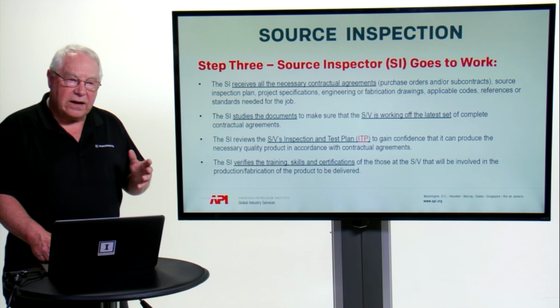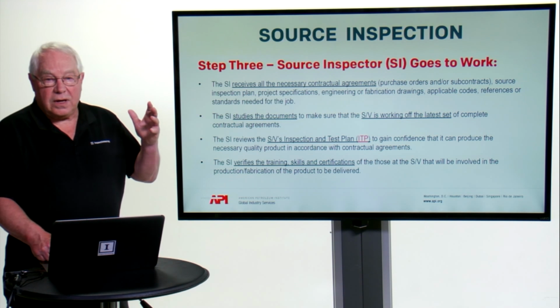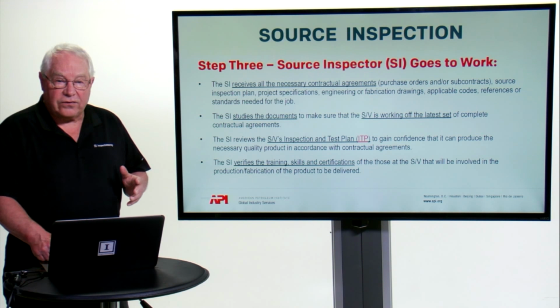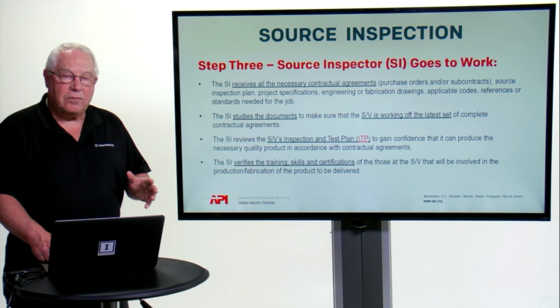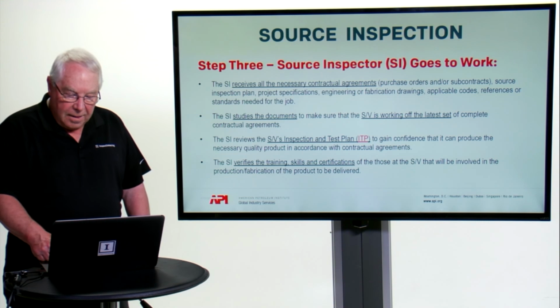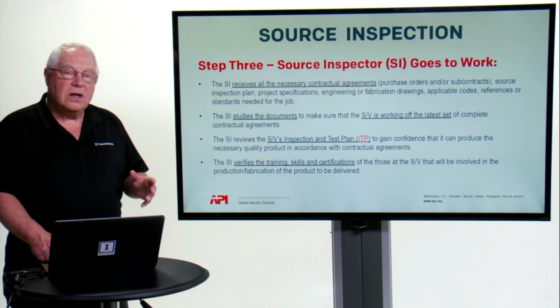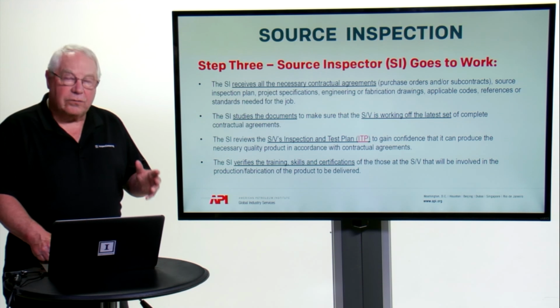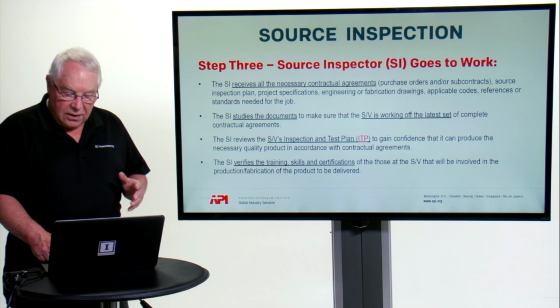The final set of documents that are issued for construction might be the fifth or sixth draft. And it's always important to make sure that the supplier vendor is working off the final copy that was agreed to by everybody involved.